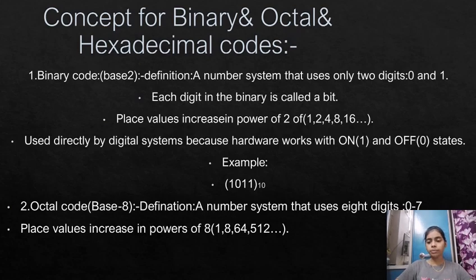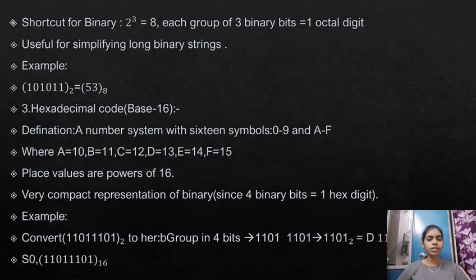As a shortcut for binary, 2 power 3 is 8, so each group of 3 binary bits is equal to 1 octal digit. This is usually for simplifying long binary strings. These are the shortcuts for binary, and here is one example for octal.